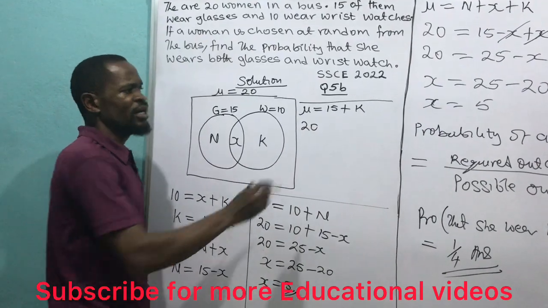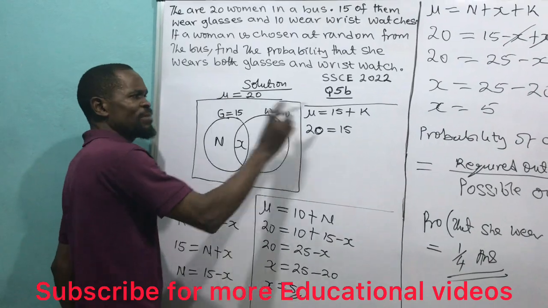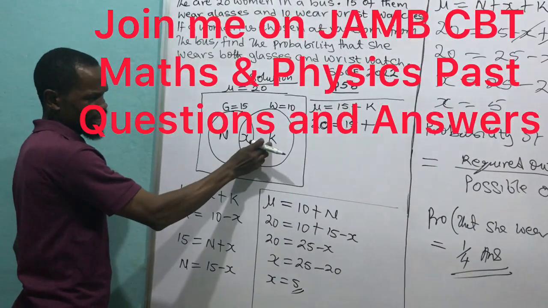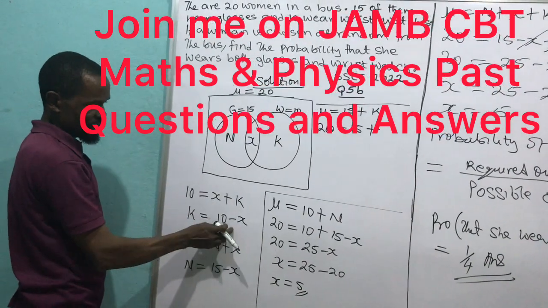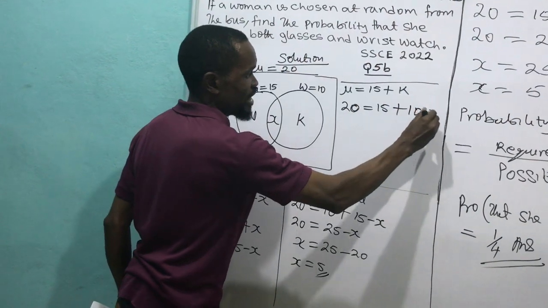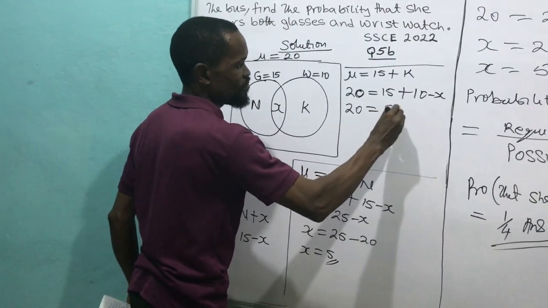Are you watching me? My mu is 20 and it equals 15 plus k. And what is my k? I have gotten my k here by saying x plus k equals 10. Making k subject of formula, I have 10 minus x. That's my k.